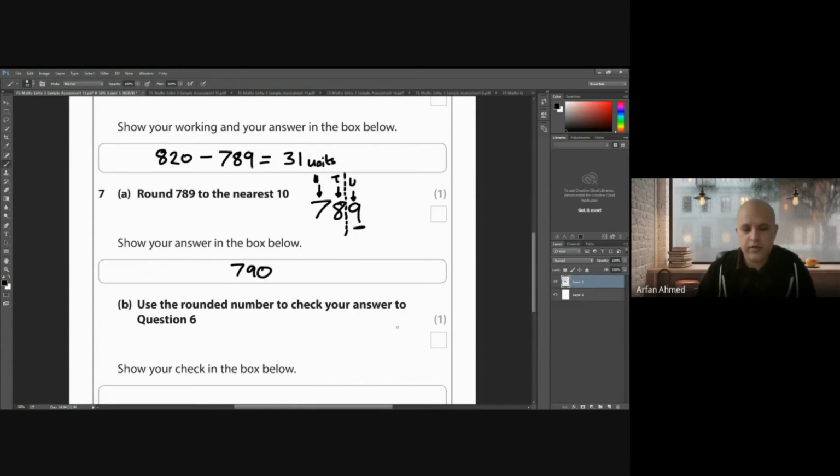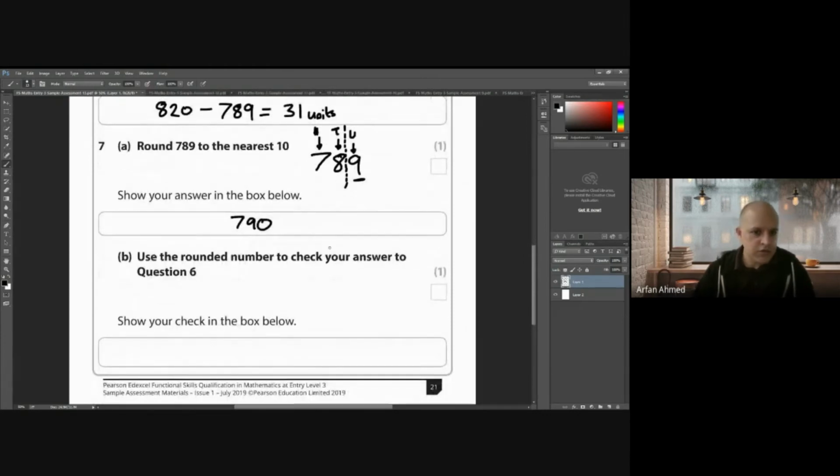That's your answer to the nearest 10. And you can see as well, if you're not sure, is it close to 790 or close to 780? Obviously it's closer to 790. But drawing the dotted line is a really good way of doing it. That's your cutoff point. The digit straight after the dotted line decides what happens to the one before it.